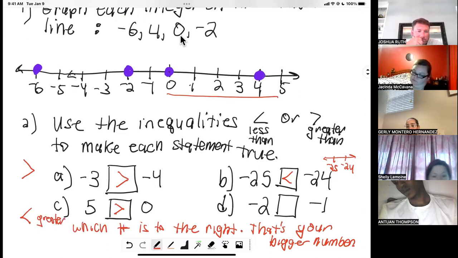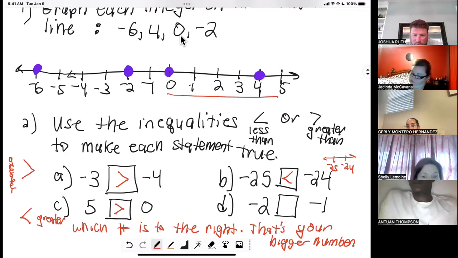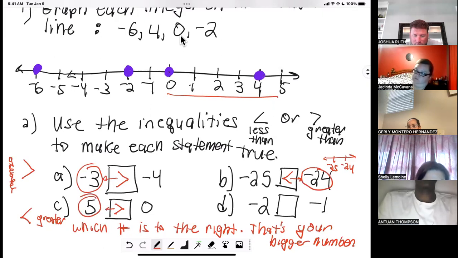This is the greater number, and over here, this is your greater number. Wherever the opening is, it's a greater number. That's the opening facing the bigger. This is bigger because the opening is facing the bigger.